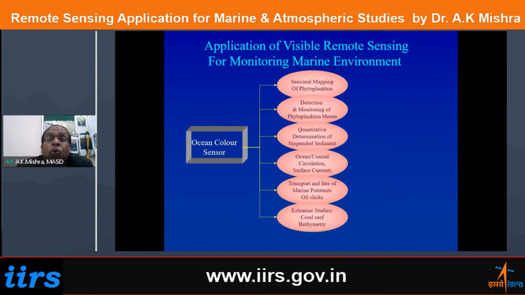We will discuss how we can detect a bloom even without atmospheric correction, and the quantitative determination of suspended sediment, ocean and coastal circulation, surface currents, and transport and fate of marine pollutants, oil slicks, etc. And estuarine studies like coral reef bathymetry. For this, high resolution and hyperspectral sensors will mostly be used.